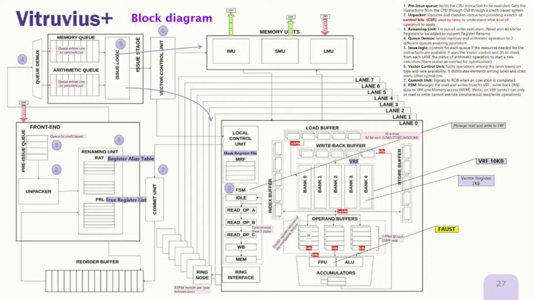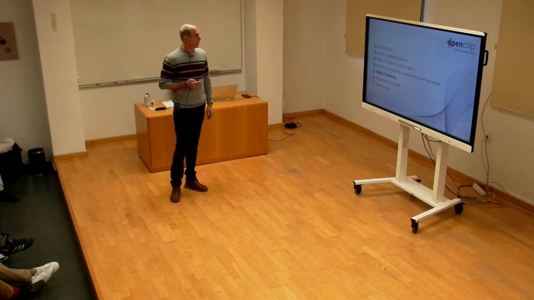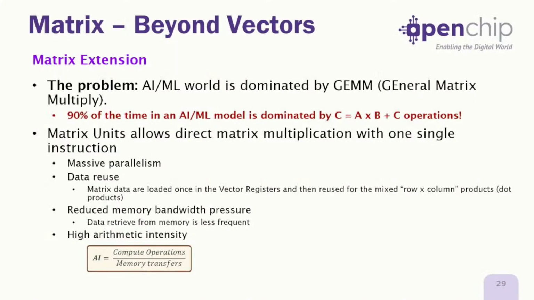I would like to have more time to discuss this, but I also want to show you the concept of the matrix extension, which is very, very useful in my opinion. What is the matrix extension? What is the main problem nowadays? It's that AI and ML, the machine learning world, is dominated by matrix multiplication.